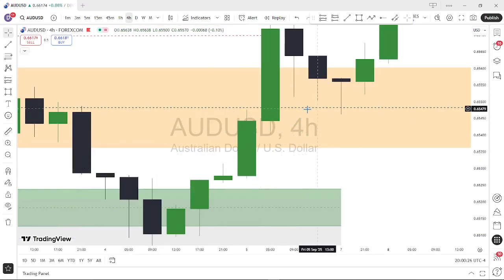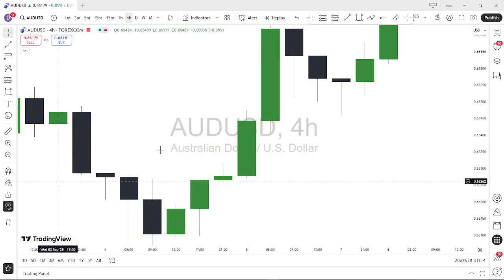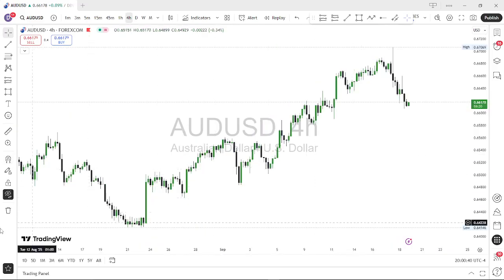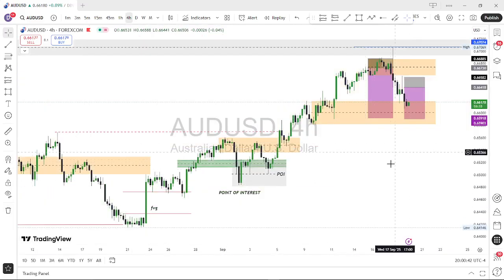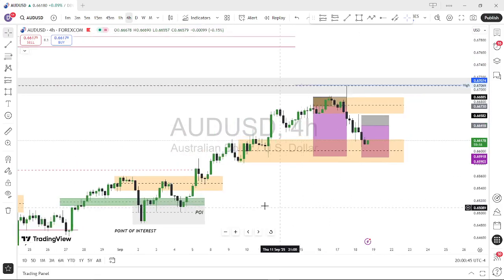It created a fair value gap here, and you notice it created a fair value gap here, tapping right into it respectfully before going back to your trend.